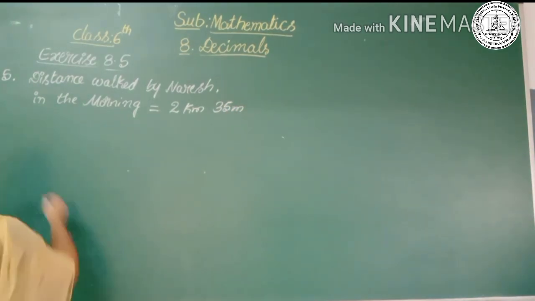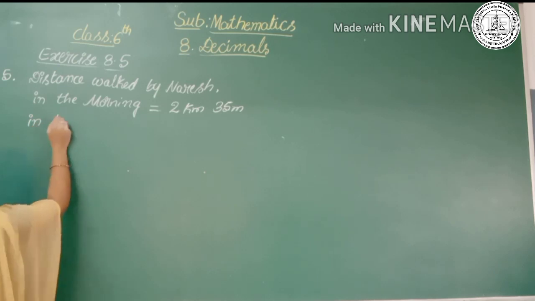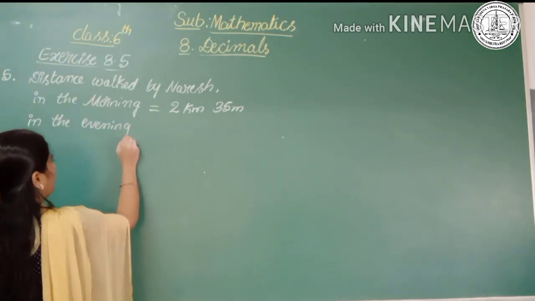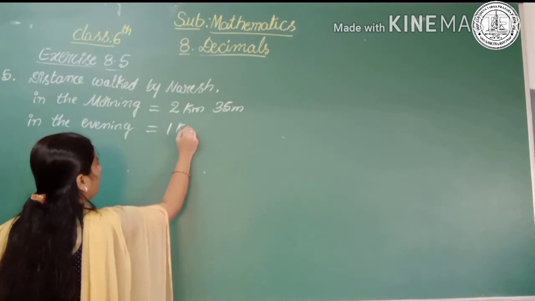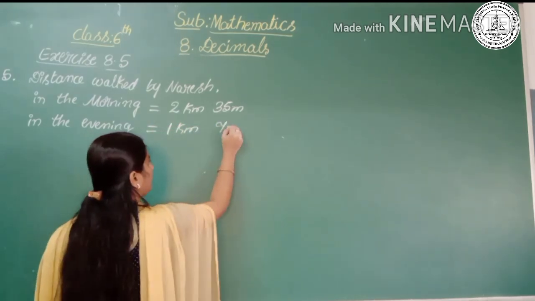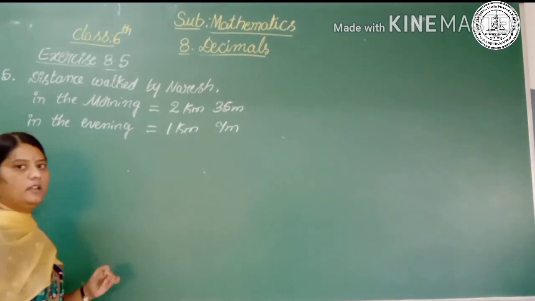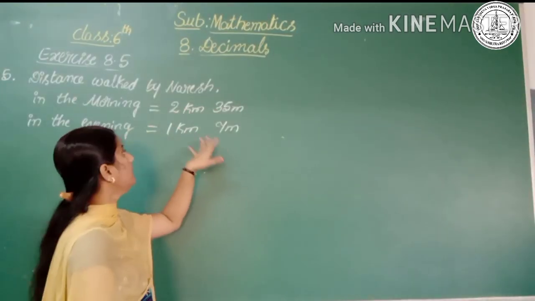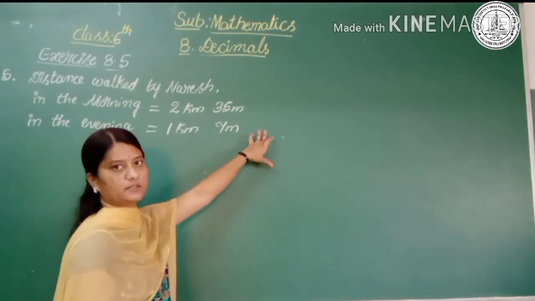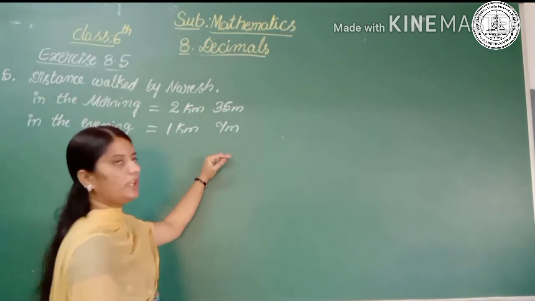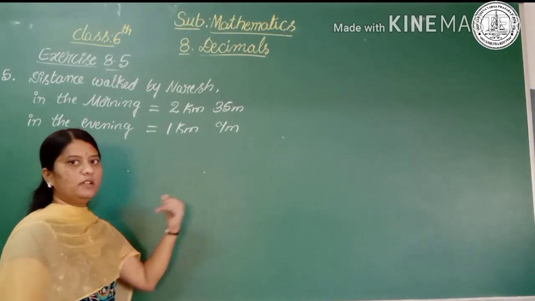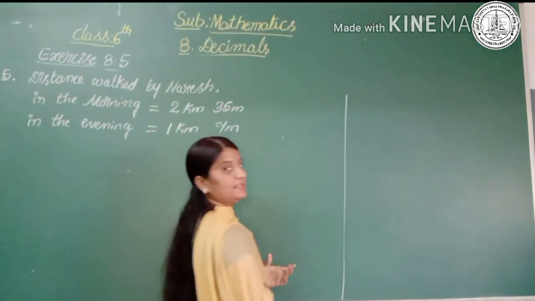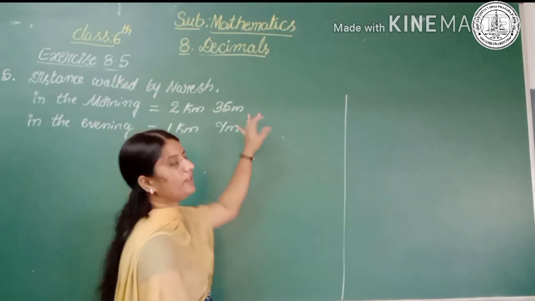Okay. Then in the evening, he walked 1 kilometer and 7 meter. Right? As you may observe here they are given the distances in the kilometers and meters. Okay, so we have to convert it into kilometers using the decimals. Okay, yes. Now convert it here in the right side. So 2 kilometer 35 meter.